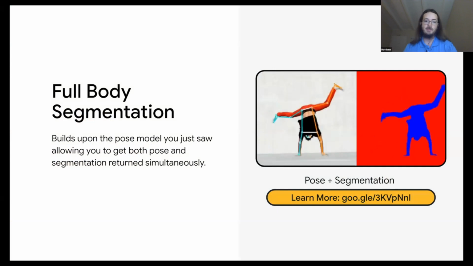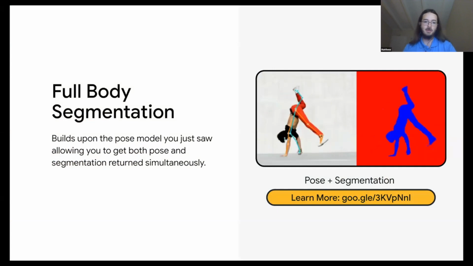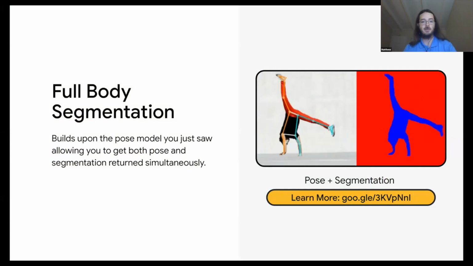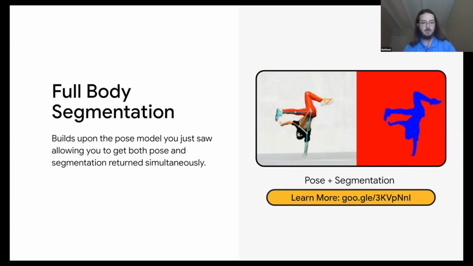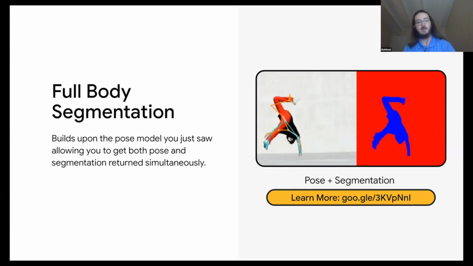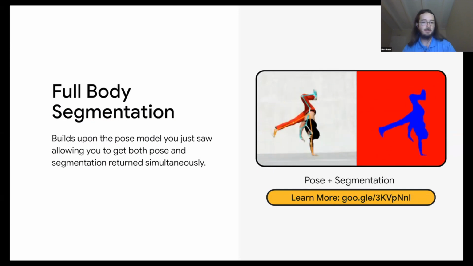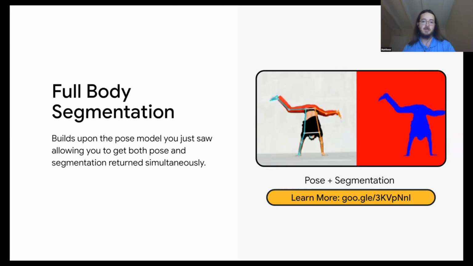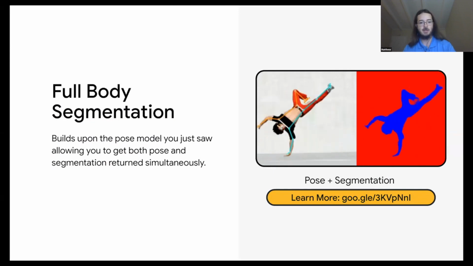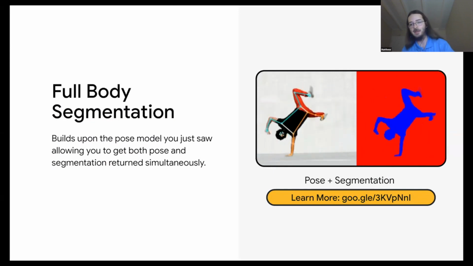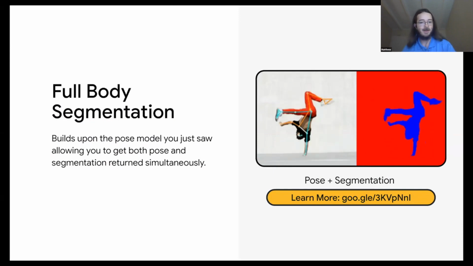Continuing our MediaPipe collaboration, we've also released a body segmentation model. And here you can now retrieve the segmentation mask as well, in addition to the key points. And this shows which pixels belong to the human body versus those that do not. You can see in the red and blue animation up there.